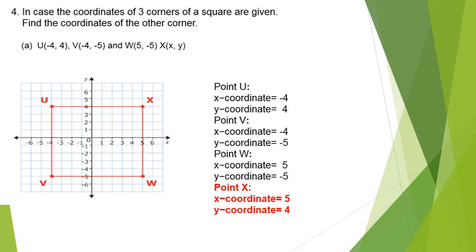And where it is cutting y: 1 2 3 4. It means x coordinate is +5 and y coordinate is +4. So the answer in question number 4 will be +5 and +4, the fourth corner which was missing in the question.